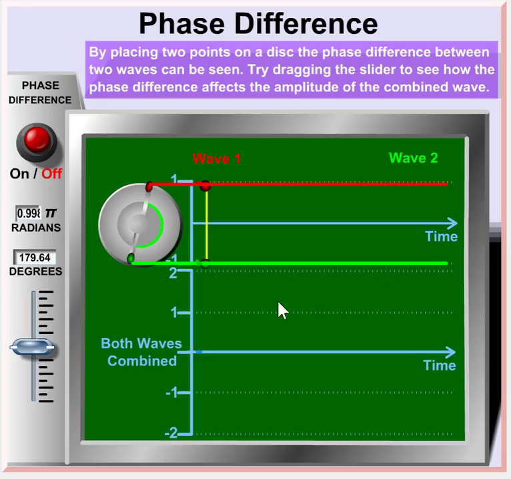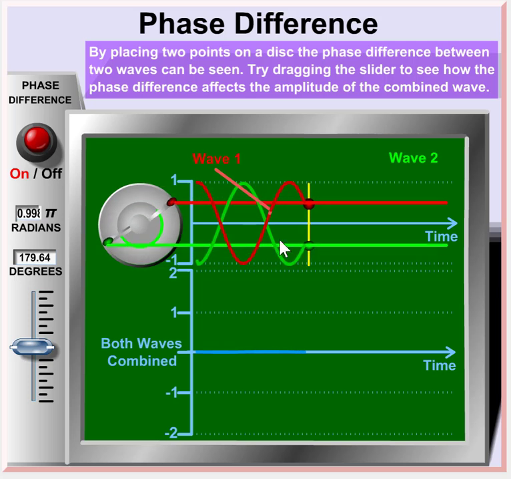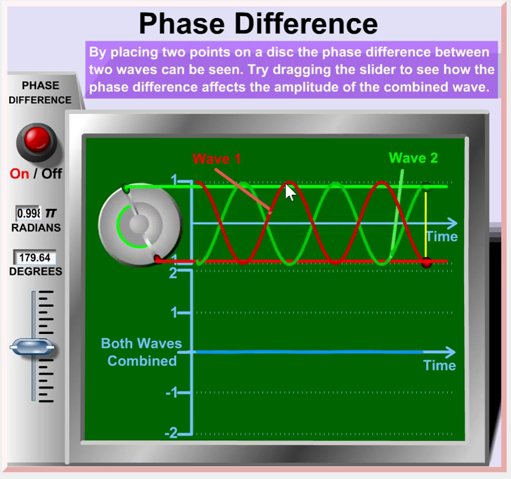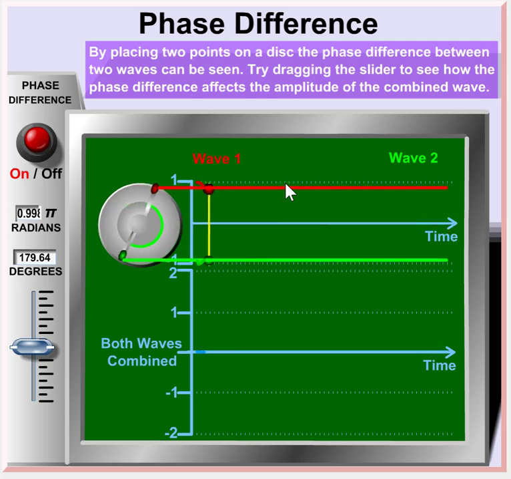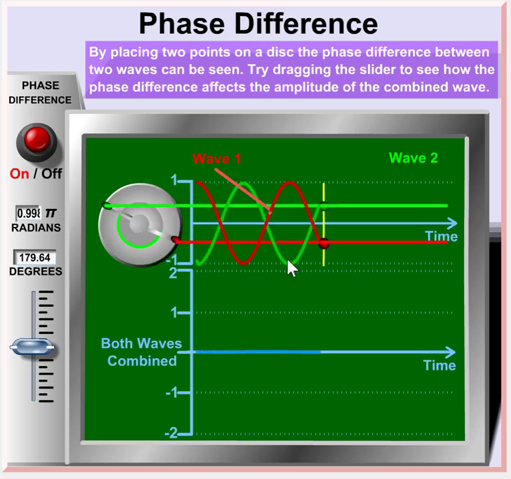In this simulation, I have a green marker and a red marker. They're going to go around in a wheel, and as they turn around, they're going to draw out sine waves individually. Right now, I have them opposite each other, or half a wavelength apart. And I turn it on, and we find that they are indeed half a wavelength apart. There's a crest for the red sine wave where the trough for the green sine wave is.